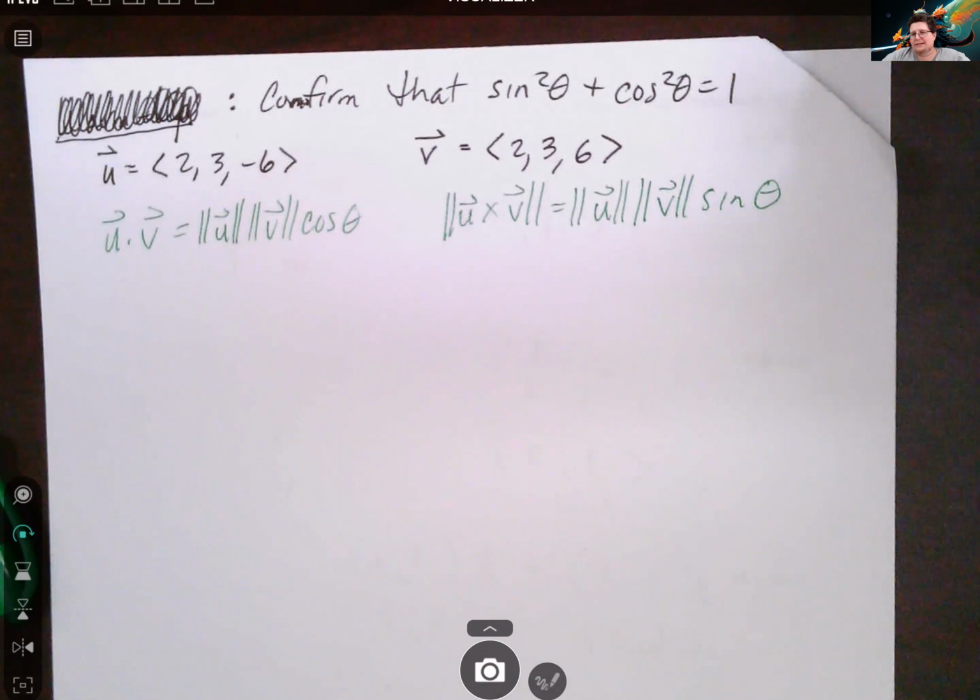I'm still getting blank stares. You get sine theta with the cross product, and cosine with the dot product. There you go. Good job.